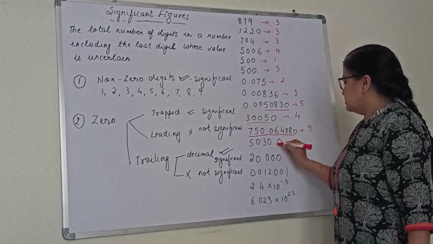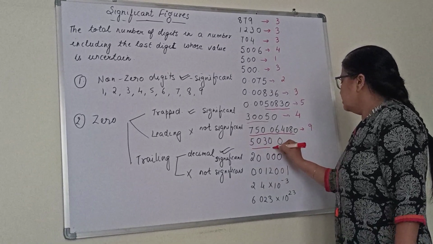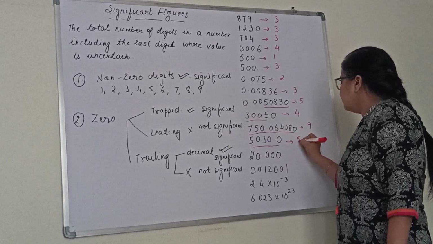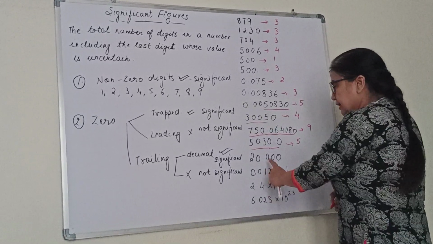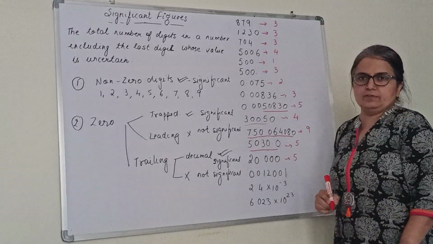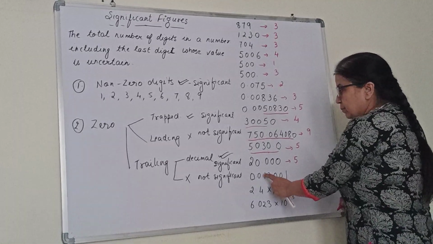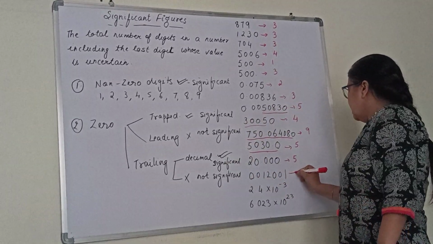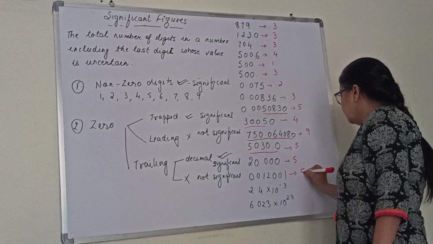In this case there is a decimal, so 4 plus 1, this also put together is 5 significant figures. Again a decimal, you will have put together 5 significant figures. Trapped 0 plus leading will not be. So you will have 3 plus 2, 5 significant.